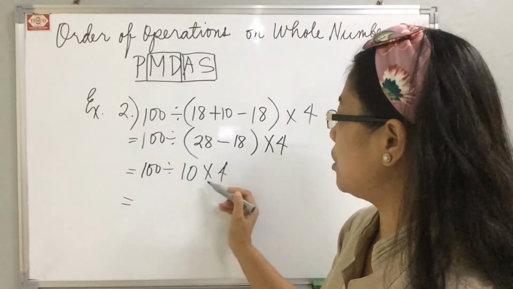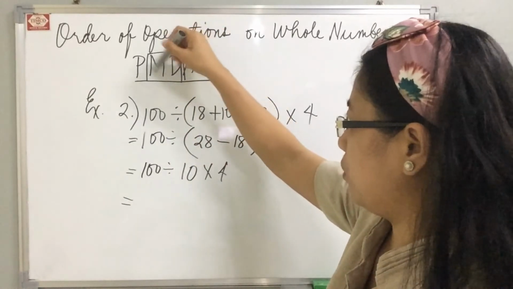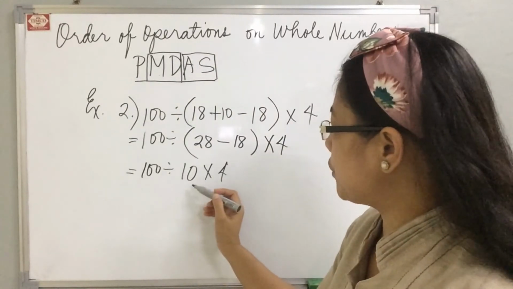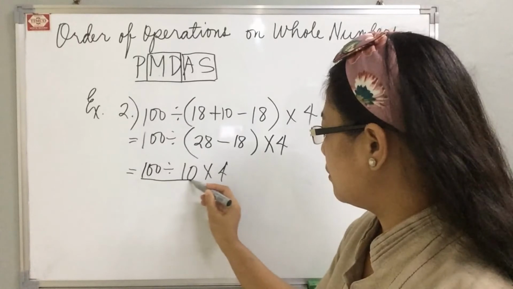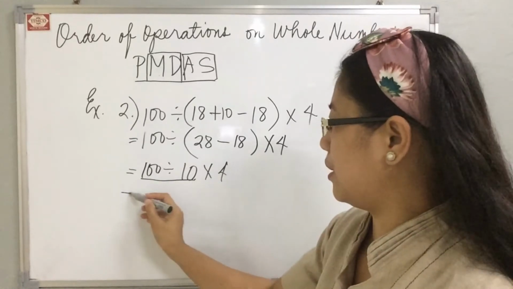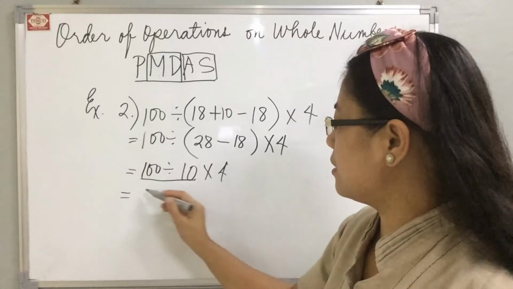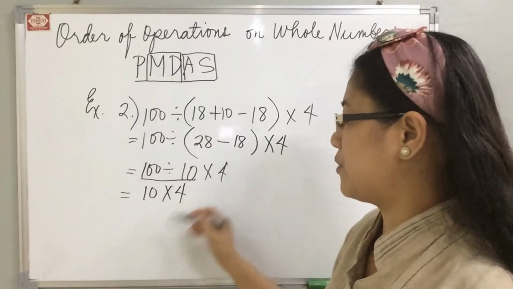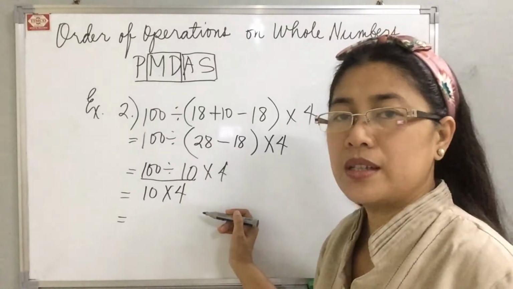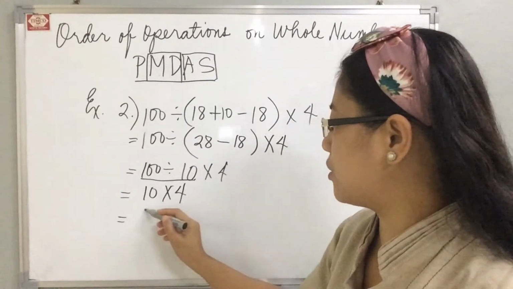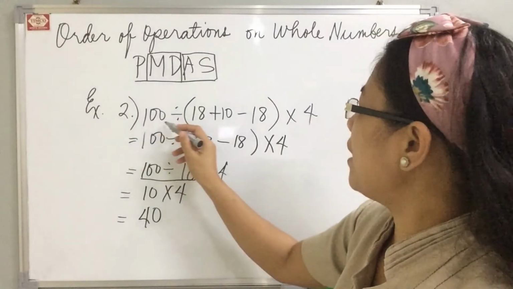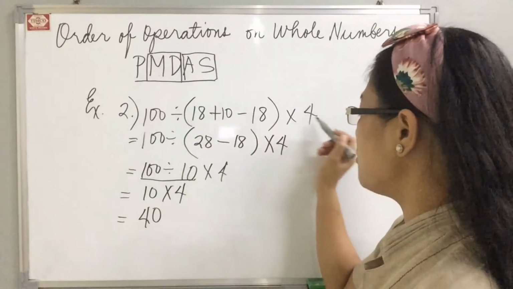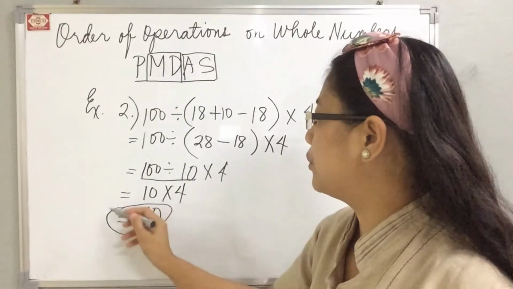Since division and multiplication belong to only one group, it can be interchanged. Division came first, so we solve 100 divided by 10 first. 100 divided by 10 is 10, times 4. Now, 10 times 4 is what? Yes, it's 40. So 100 divided by the quantity of 18 plus 10 minus 18 times 4 is equal to 40.